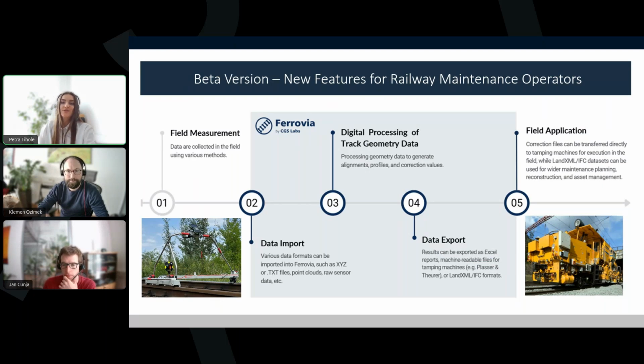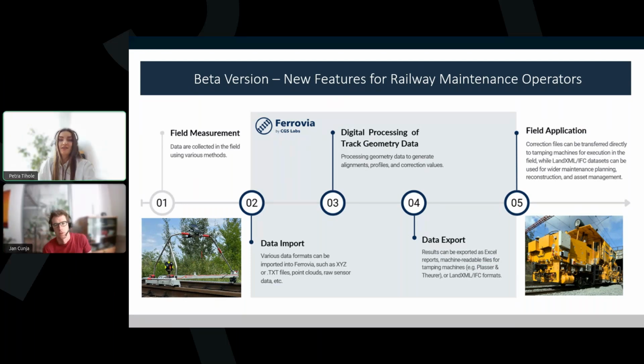So the approach is based on collecting measurement data using specialized measurement trolleys, importing the raw data directly into Ferrovia, and then automatically analyzing deviations to prepare correction data for damping machines. Direct data processing reduces the time between measurements and execution, helping to shorten track closures and to reduce manual work.